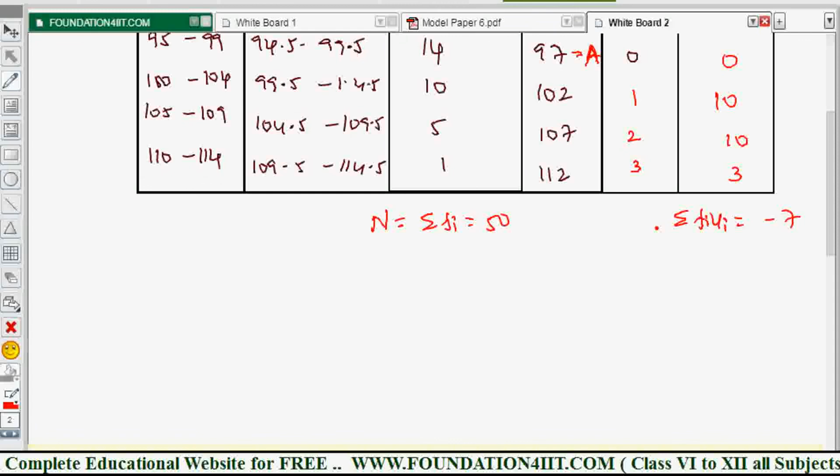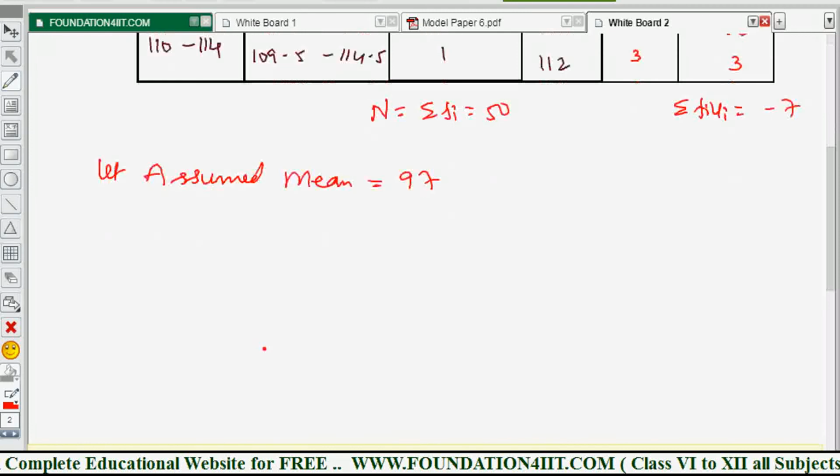So the assumed mean is 97. We have taken a, that is 97, as the assumed mean. Then by using the step deviation method, the mean formula, we use these values.